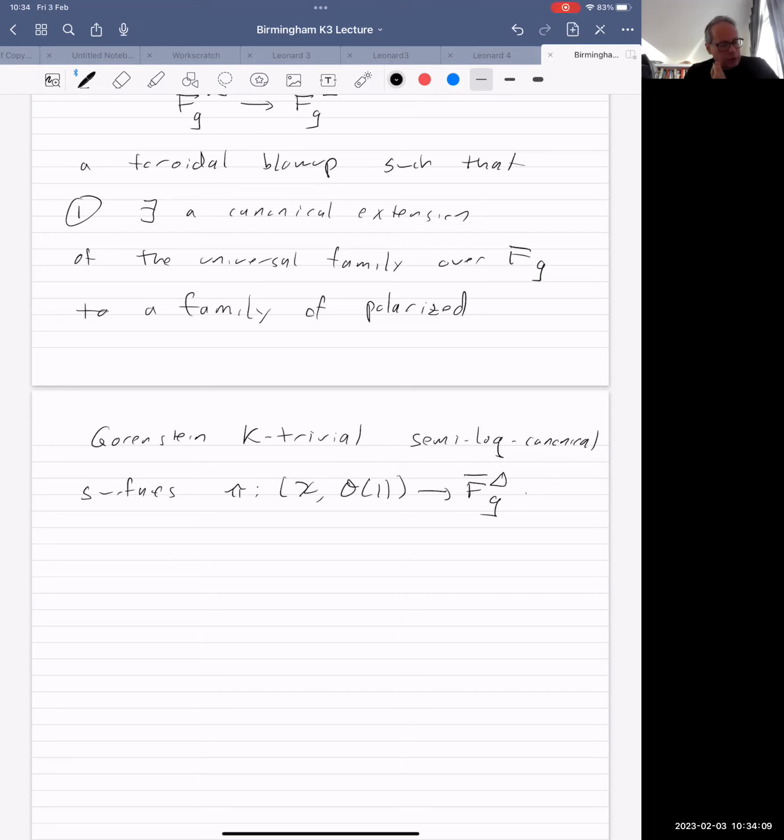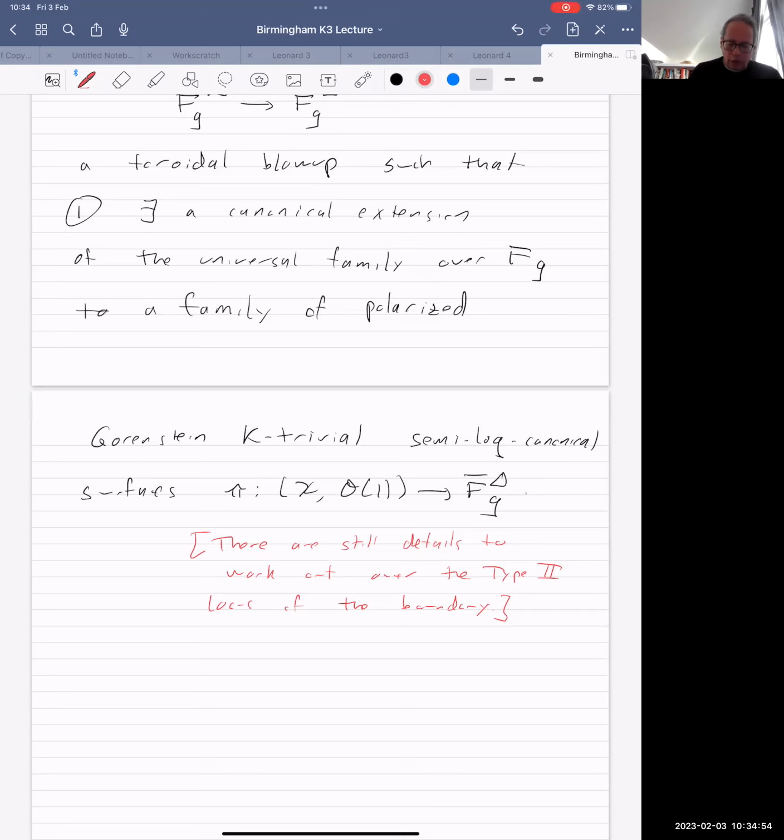Now, there is still a bit of an issue. I don't want to make any false claims in this talk, and I just want to add there are still details to work out over what's called the type 2 locus of the boundary, i.e. boundary points where the monodromy isn't maximally unipotent, but still a bit bad.